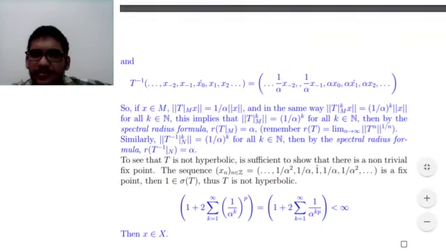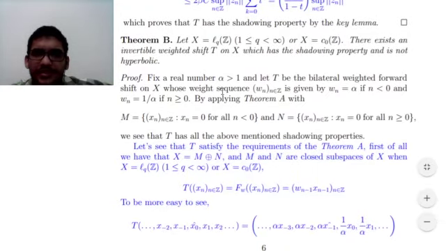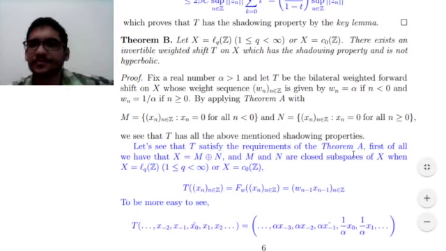We have shown that theorem B is satisfied for this operator. Okay, that's all. Thank you.